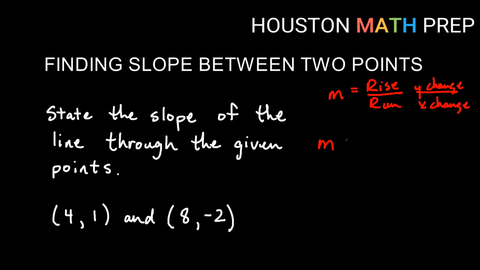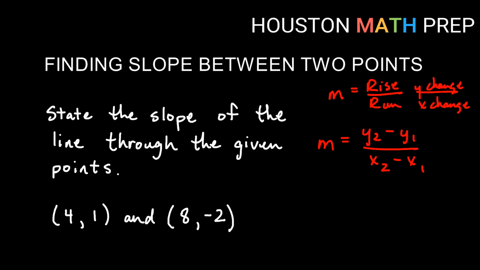Our formula for slope is y2 minus y1 over x2 minus x1. And what that means, the subscript 2's are simply your x and y coordinates for the second point you're given. The subscript 1's are basically telling you to use the first point that you're given.